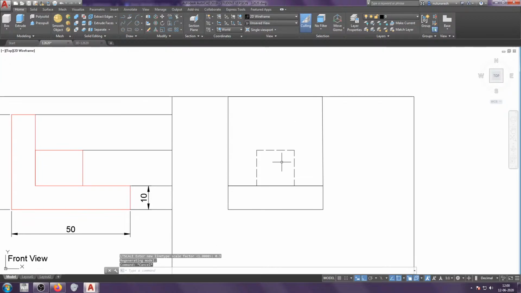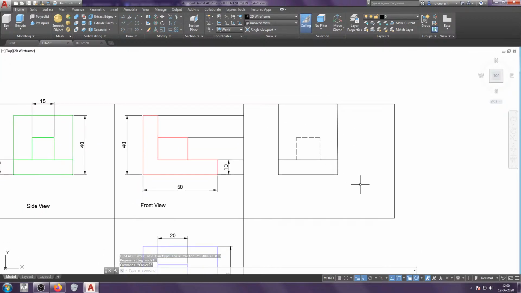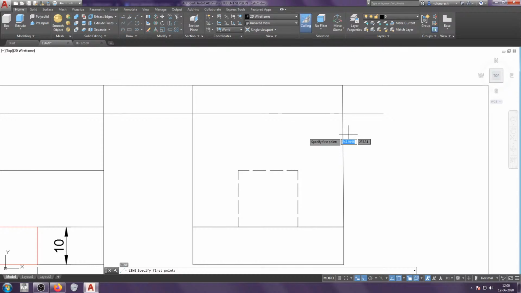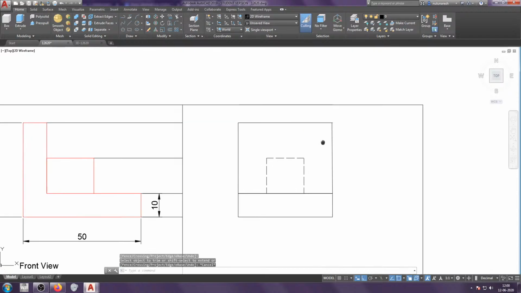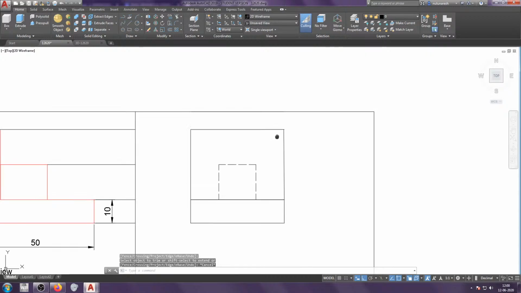Okay, so that is how it will look from the left side view. Wait, I forgot to... That's the place where it is going to end. That's why projections are very much important. They can reduce the time. That's it.